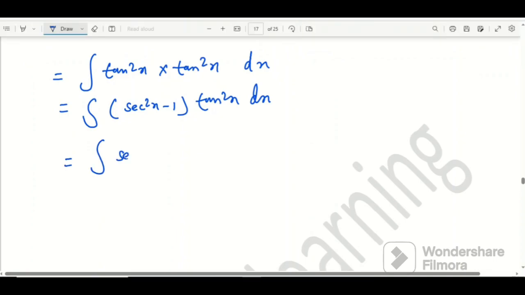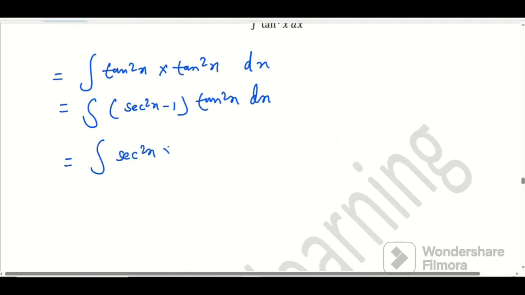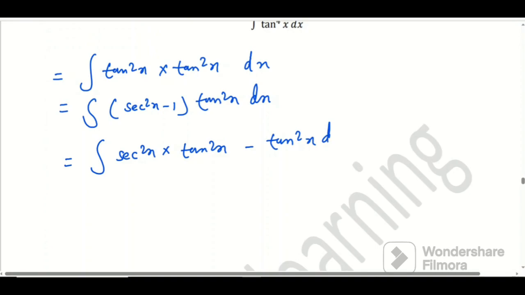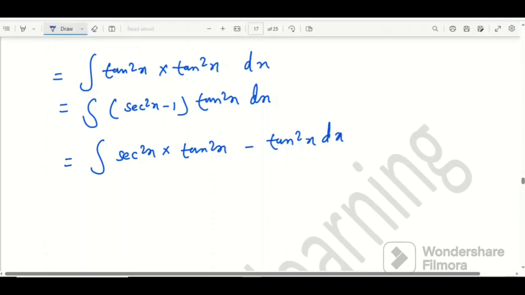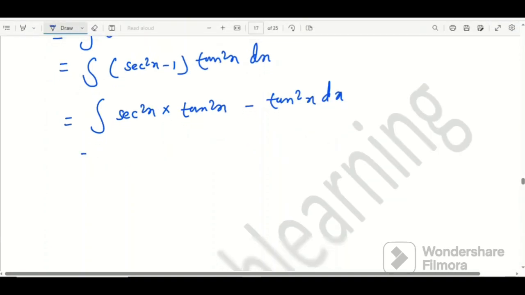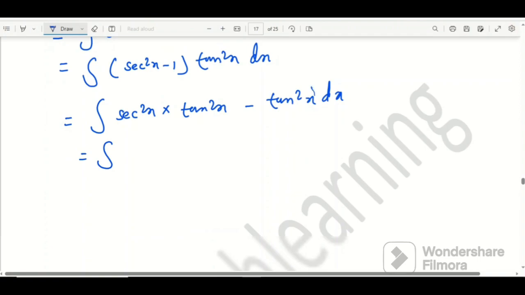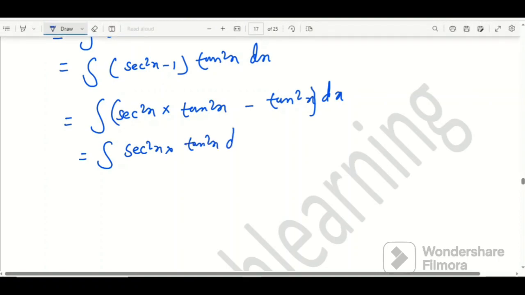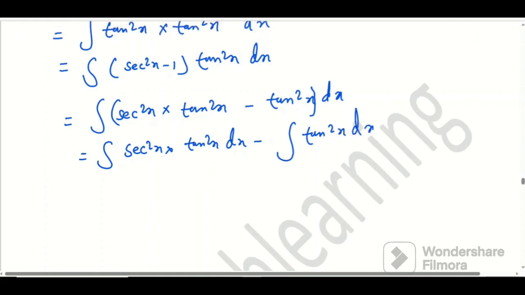We'll get sec square x into tan square x minus tan square x dx. So I will separate this expression into two integrations: integration of sec square x into tan square x dx minus integration of tan square x dx.